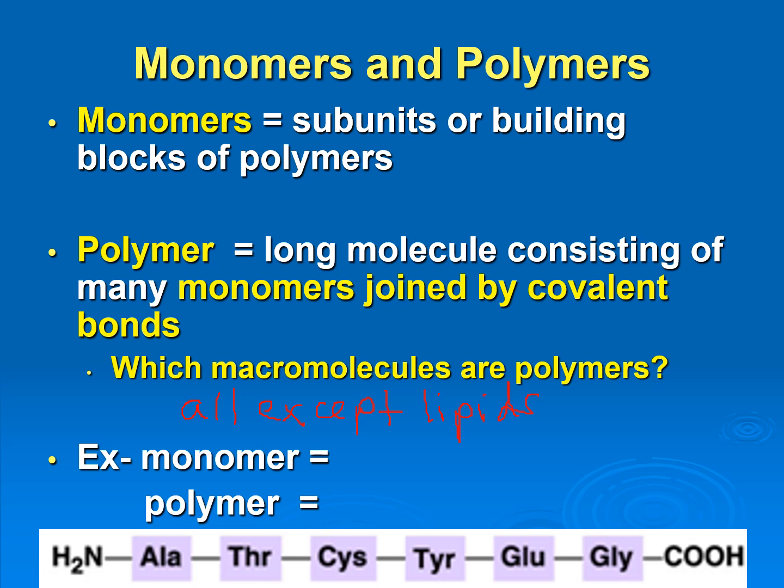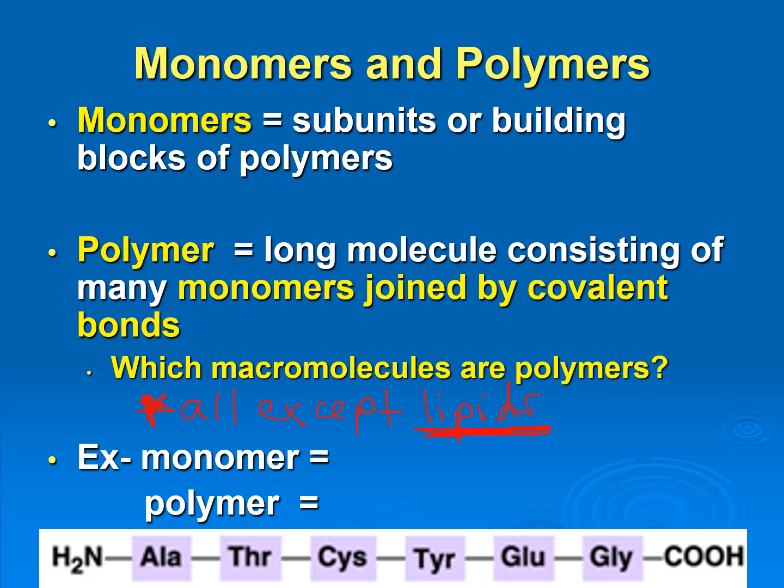The lipids actually are not made of polymers because the lipids are a pretty diverse group, and there's no one monomer that will make up all the lipids. So the lipids are not considered polymers, but all of the other macromolecules, the proteins, carbohydrates, and nucleic acids, those are polymers. Let's take a look at an example here.